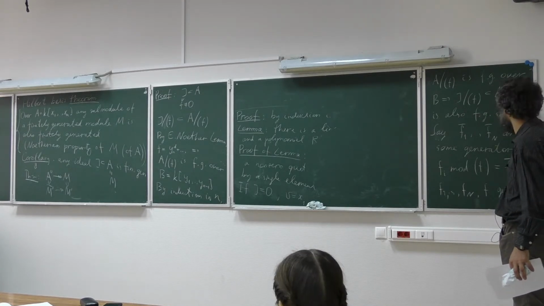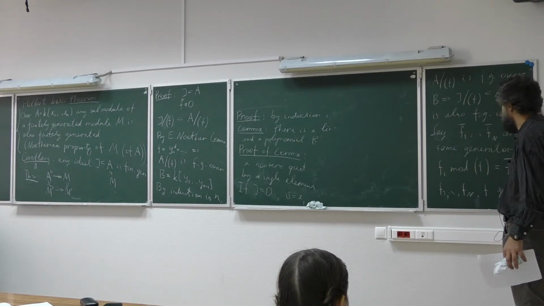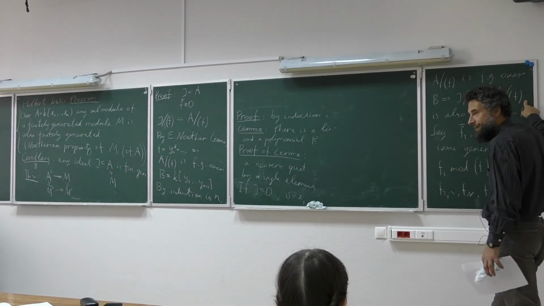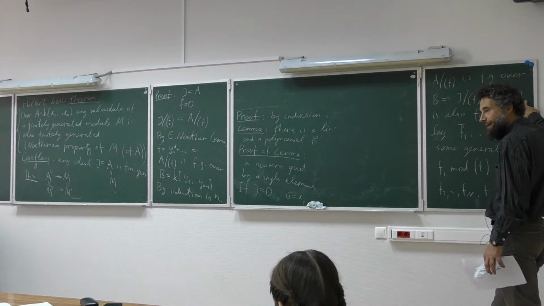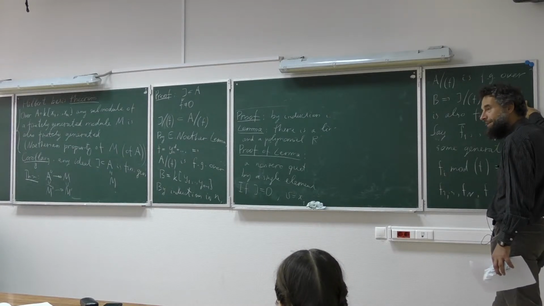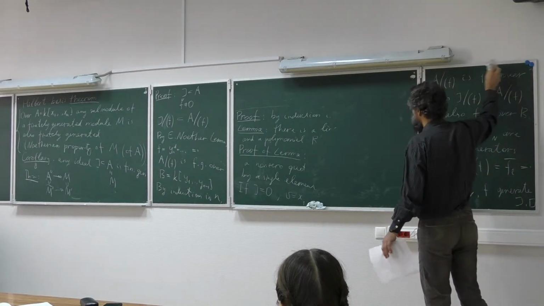So this is a finitely generated module over B, right? But B has n-1 generators, and so we can apply the induction assumption to it. We're proving the theorem by induction. We want to prove it for n variables, but know it for n-1 variables. Just as before. So it's a very similar argument to what we had before.